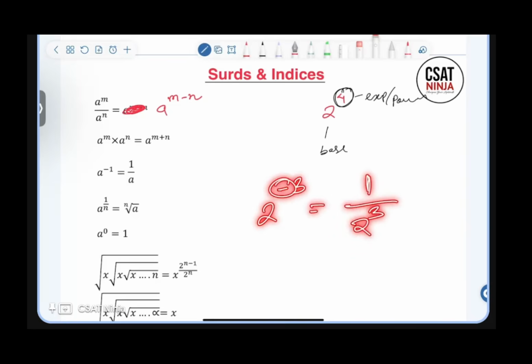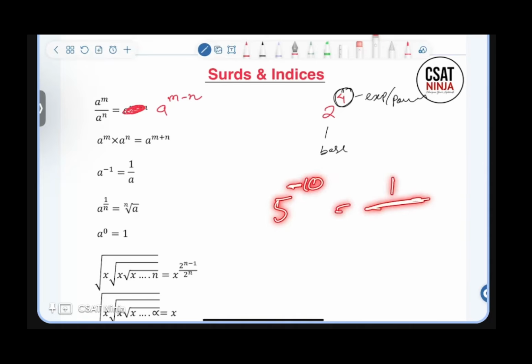Minus represents that the 2 is in the denominator, and this power represents the power of that number. So let's say I have 5 to the power minus 10, which means 1 divided by 5 to the power 10. Why 1 divided? Because this minus sign represents that 5 is in the denominator, and 10 here is the power of that. So minus represents that the number is in the denominator.